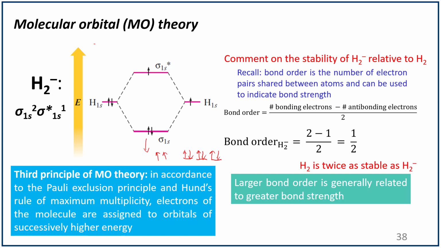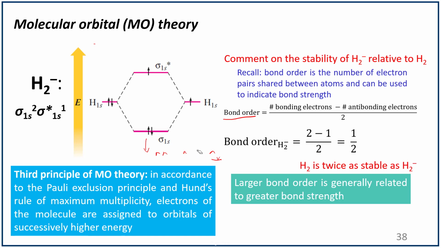Let's consider, for example, a hypothetical H2 minus bond. So this is a hydrogen molecule with an extra negative charge, meaning it has gained an electron. The bond order formula in molecular orbitals is somewhat different from what we discussed before in chapter 3.